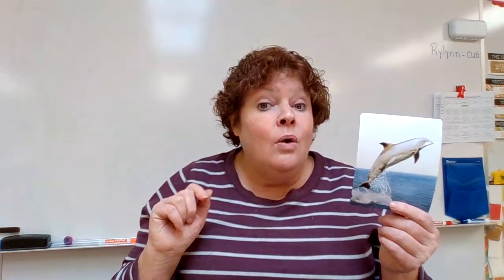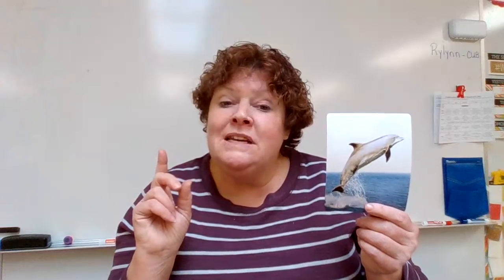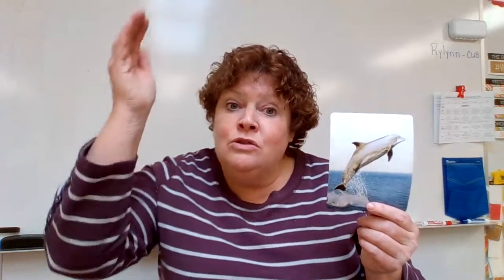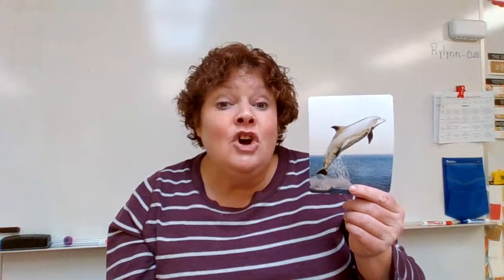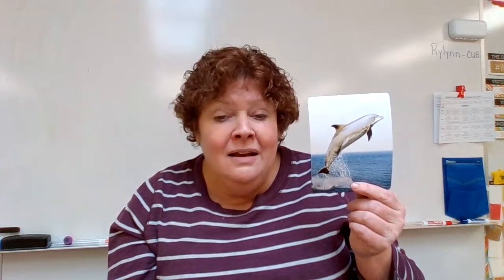So what's jumping? The dolphin. Where's he jumping? Out of the water. And then going back in. Splash. Or the dolphin is swimming. What is swimming? The dolphin. Where is he swimming? In the ocean.